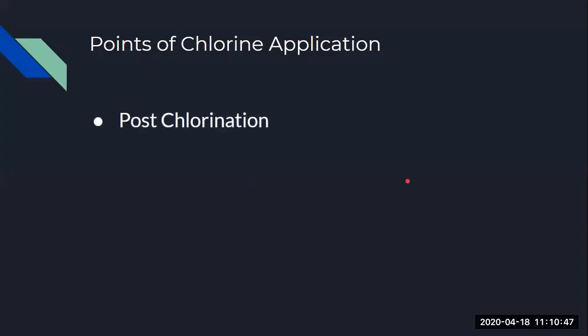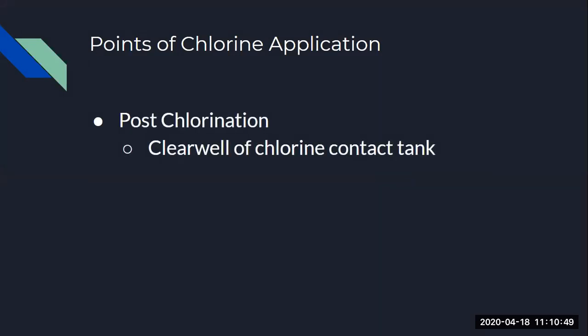Okay, so post chlorination. At the clear well, where we store our treated water, we may have to add some chlorine to maintain our chlorine residual in the tank. So, clear well or chlorine contact tank.